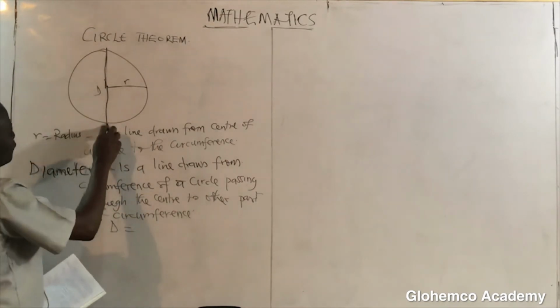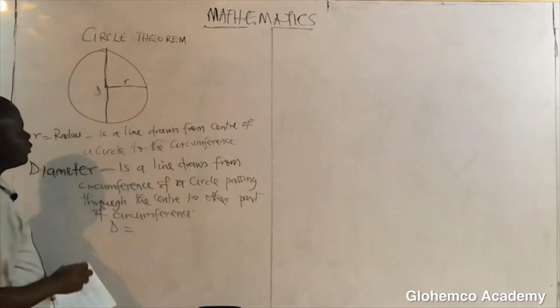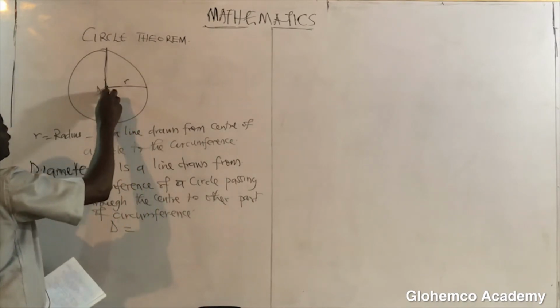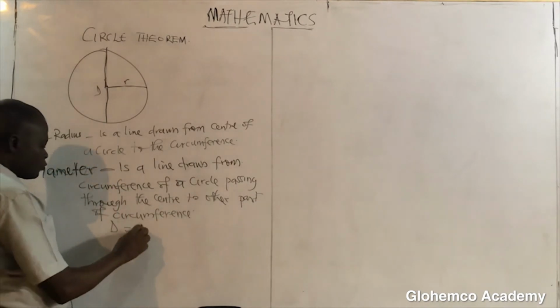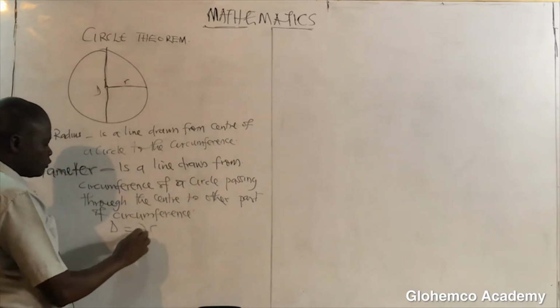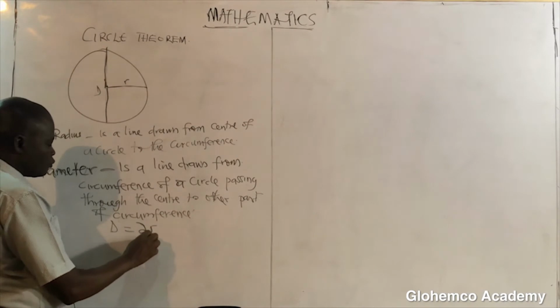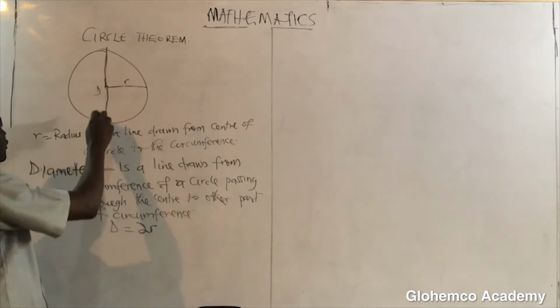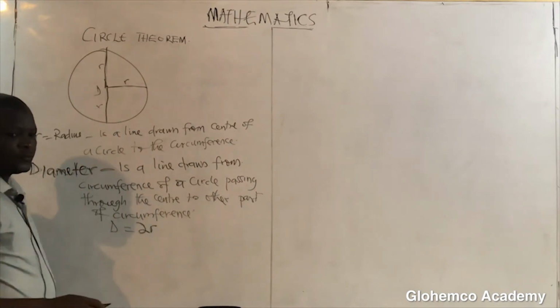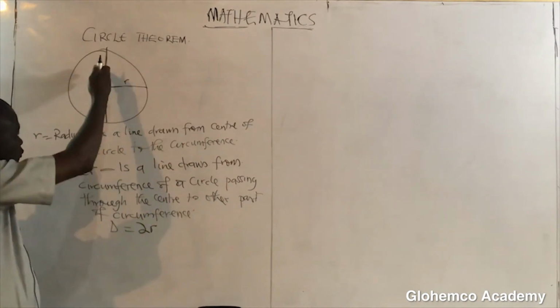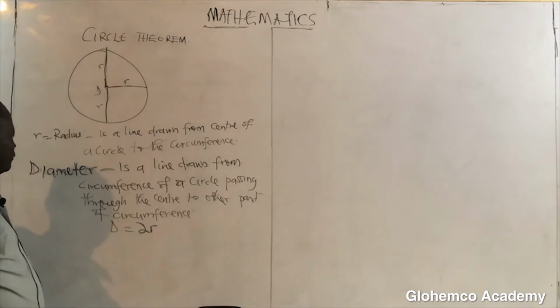It means if you move from here to this place is a radius, and from here again to this place is a radius. Meaning that the diameter is equal to 2 radius. That is, this radius plus this radius will give us a diameter.